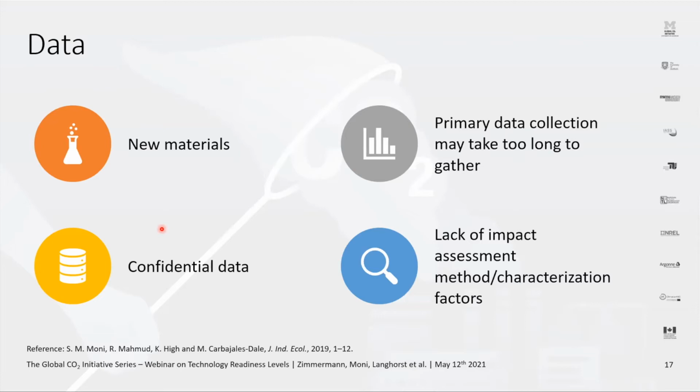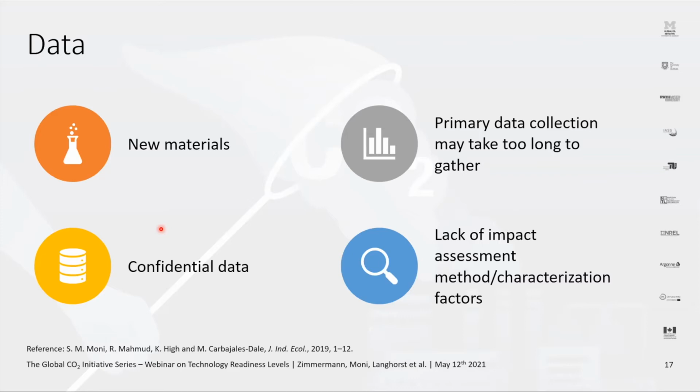And a lot of the time the data is confidential. So how to handle these data limitations due to new materials, new catalysts, or new sources, and this confidentiality issue, is another challenge that we need to focus on.